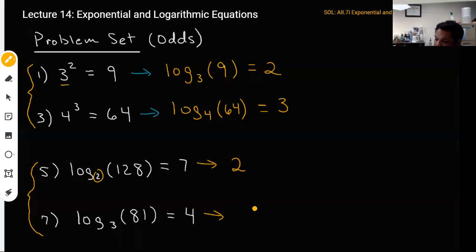So I start off with that. Now I need my exponent because I threw it to the other side, remember? So I need that 7 to be my new exponent. That means that I'm raising 2 to the 7th power. And then what do I get on the other side? The last number that we consider, right? The 128.